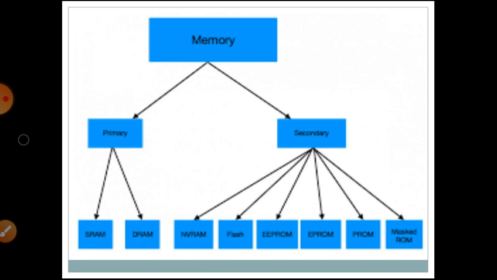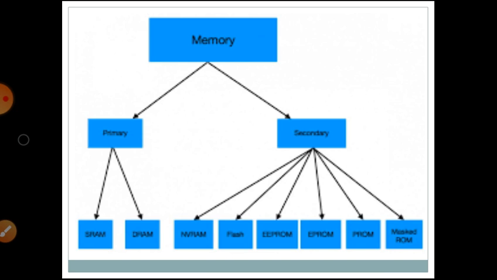Next, the secondary type of memory has a number of subtypes. Those are NVRAM, that means non-volatile RAM, then flash memory, then EEPROM, that means electrically erasable programmable ROM, then EPROM, that means erasable programmable ROM.